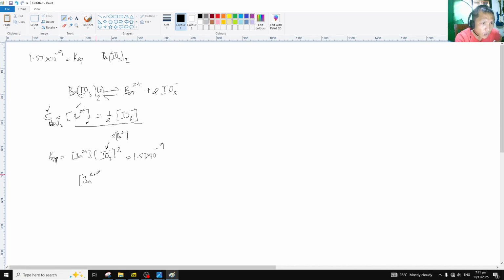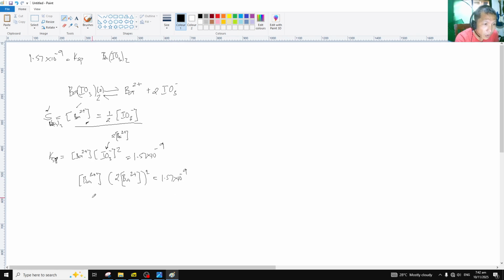You have barium 2 plus and then you would have 2 times barium 2 plus. Kaya lang, ano to siya? Naka-squared. Yan yung square dito ha. Kasi ito, pinalitan natin ng ganito. Kita nyo? And then that would be 1.57 times 10 to the negative 9.